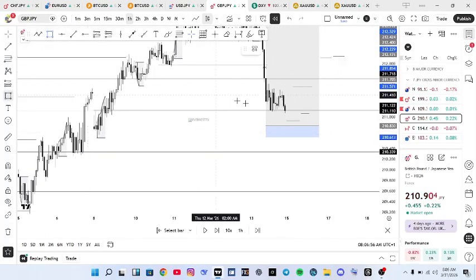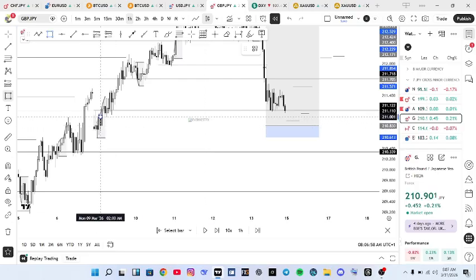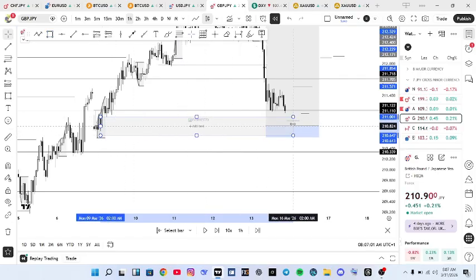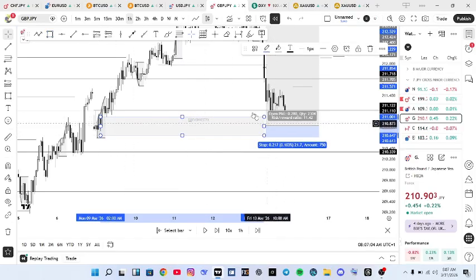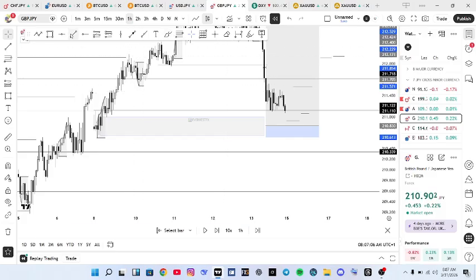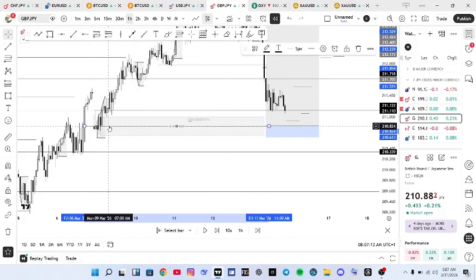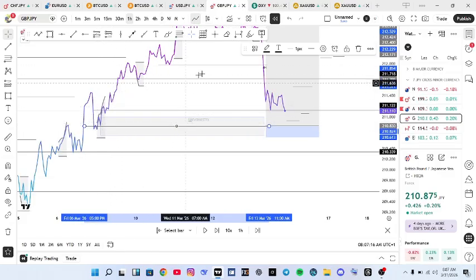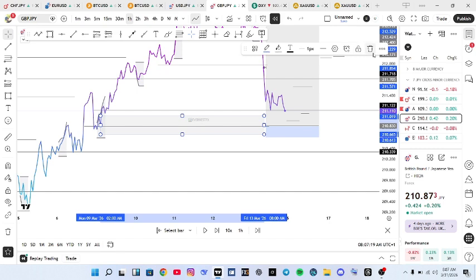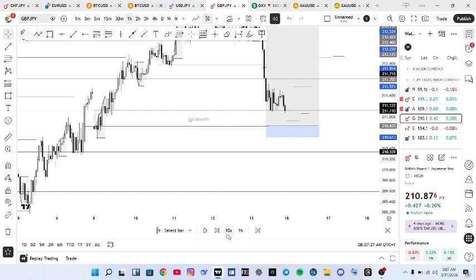This particular level here, I think it was from this block that I took this buy from. I used this level because there was a key level here. Look at this 1 hour V-shape level. This is where I took the trade from.